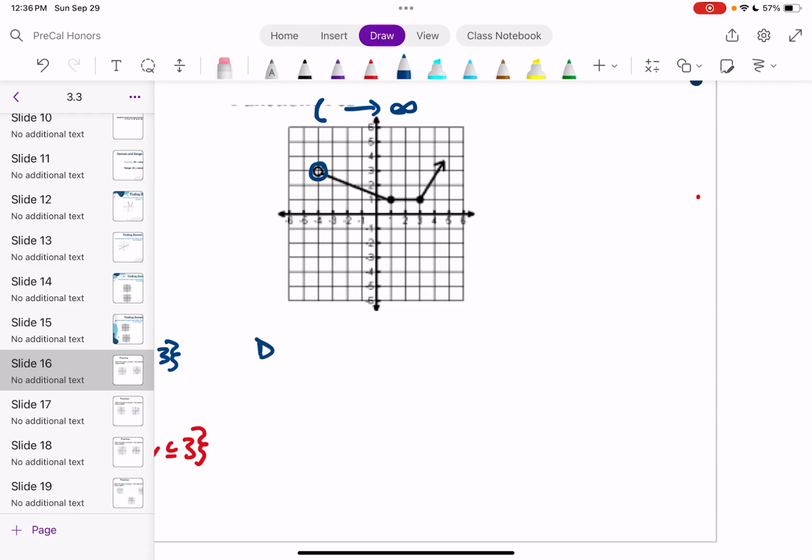So in our domain, in interval notation, we would write it from -4 to infinity. And in our set notation, we would write it as x such that x is greater than -4.